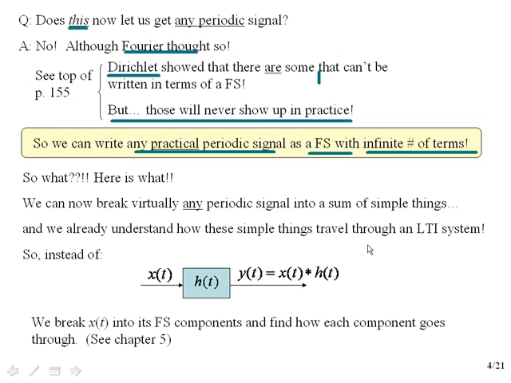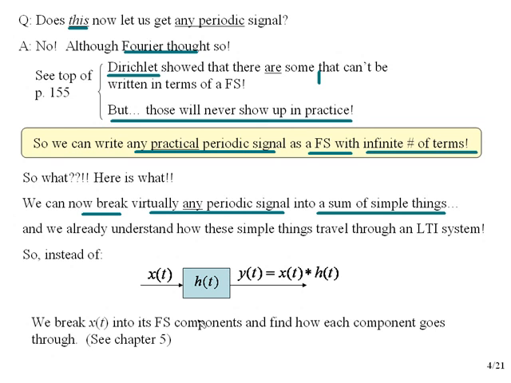Okay, so what? We can expand any signal, any practical periodic signal, in terms of Fourier series. What's the great idea there? Well, we've already alluded to this. We can now take virtually any periodic signal and we can break it down into a sum of simple things. Those simple things are sinusoids.